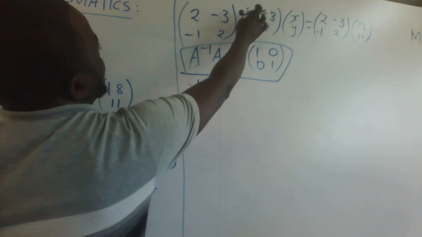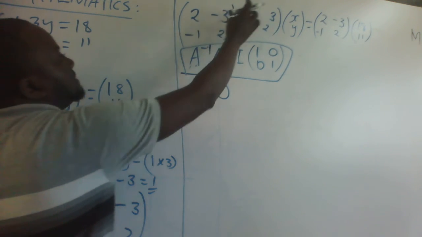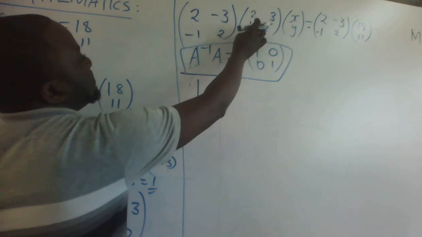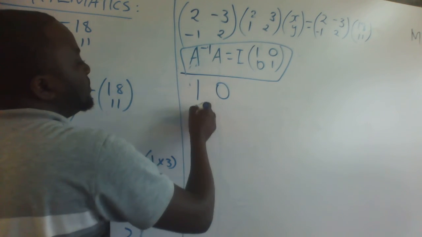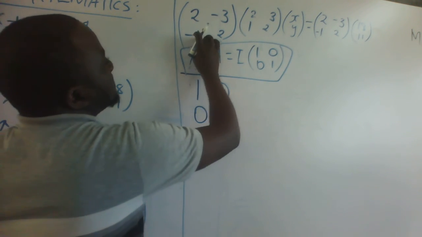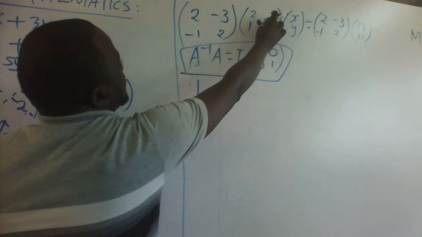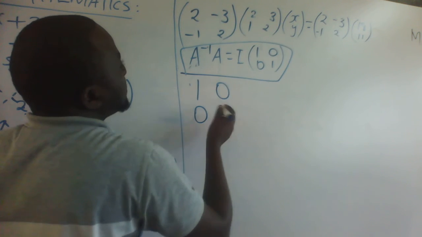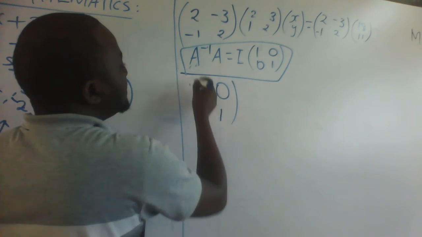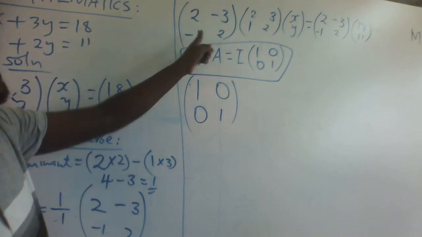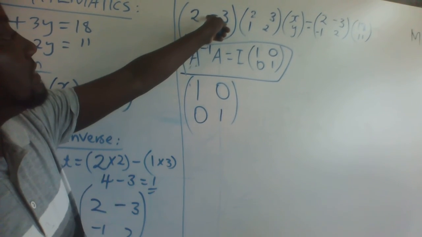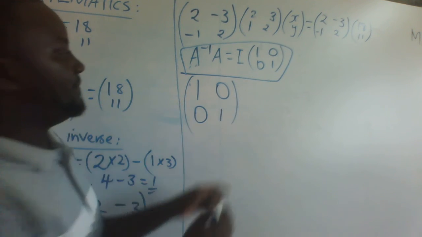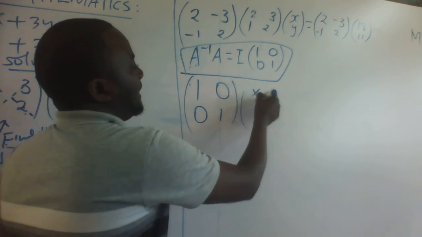Minus 1 times 2, minus 2, plus 2 times 1, 0. Minus 1 times 3, minus 3, plus 2 times 2, 4, and this will give us 1. In simple terms, inverse times the matrix is identity times x, y.